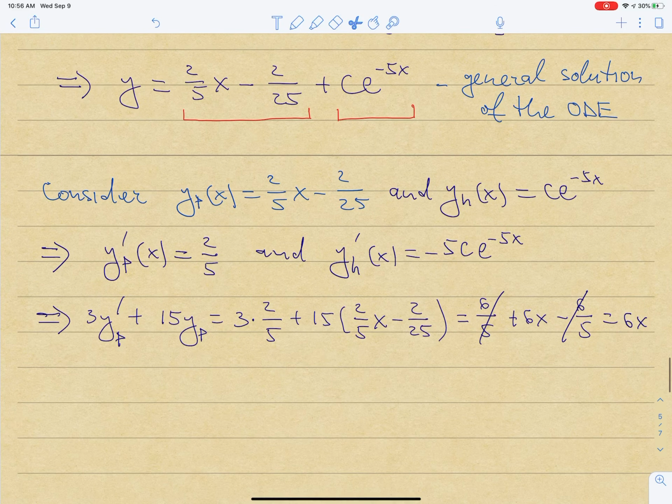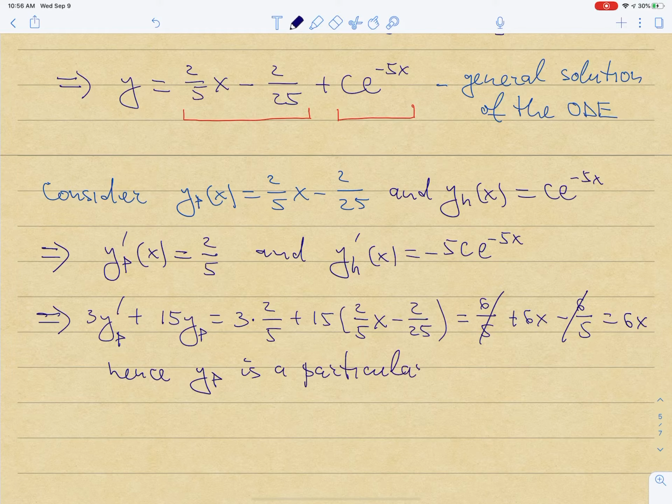So what we get from here, so hence yp, now yp doesn't have any c's in it, no generic constants in it, so yp is a particular solution to the ODE.